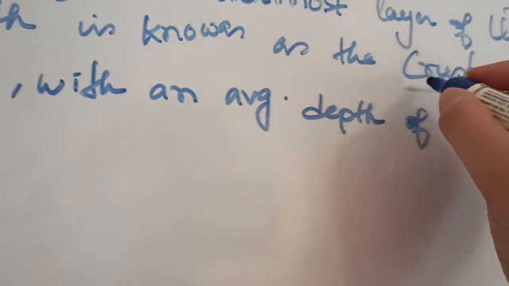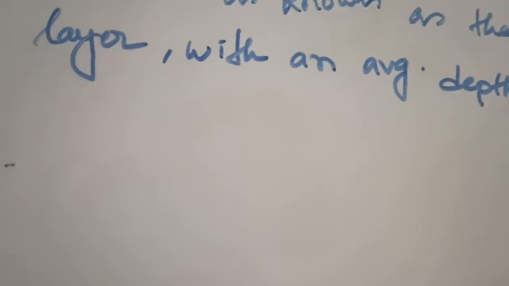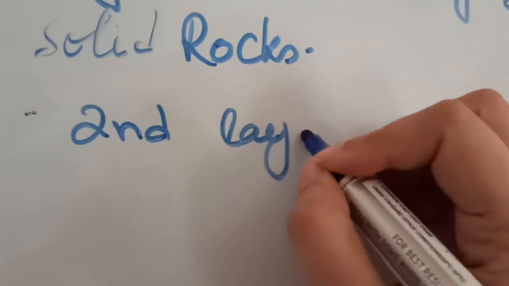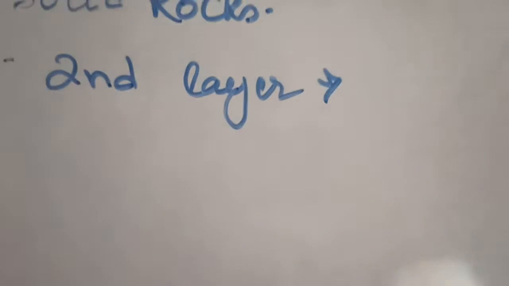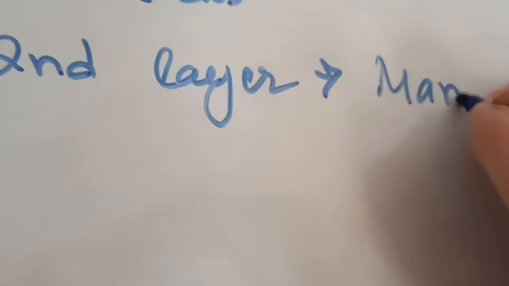This crust is primarily made up of solid rocks. Below the crust, the second layer of the earth is present, and the name of that layer is the mantle.